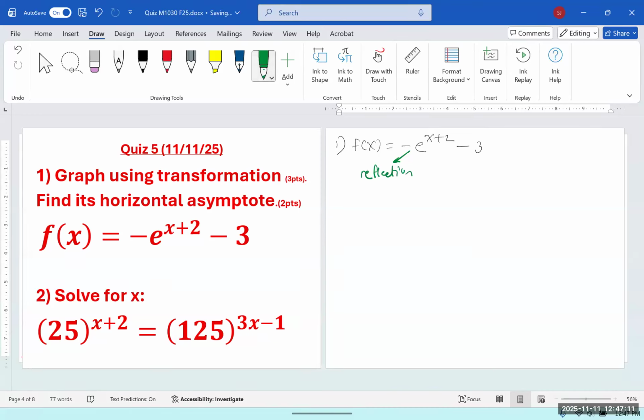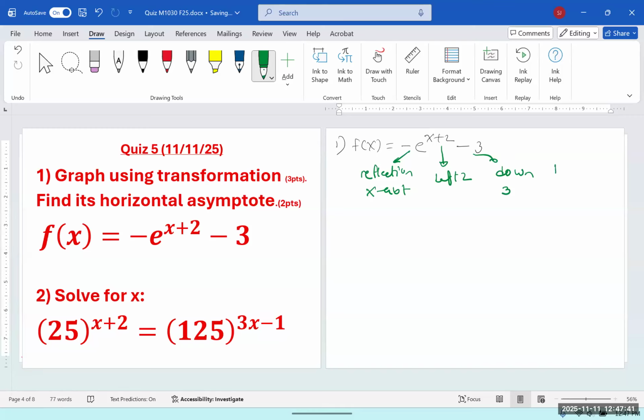About x or y? X. Reflection about the x-axis. We have plus 2 on the exponent next to the x. What type of transformation? Left. And then we have a single sad 3, down. See, it's single, that's why it's sad, that's why it's going down, negative 3.